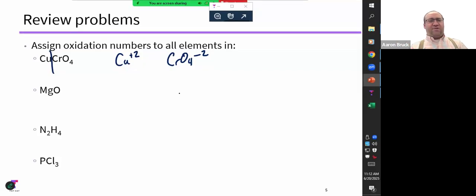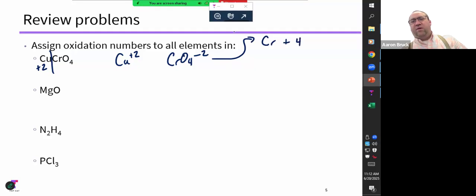And so if I look at it from that perspective, then the copper 2 is a monatomic ion, so its state is +2. The chromate is a polyatomic ion, so I'm going to need to break it apart. The chromium plus 4 times the oxygen has to equal the total charge of -2.